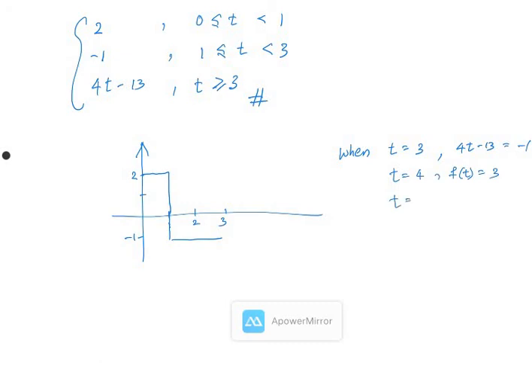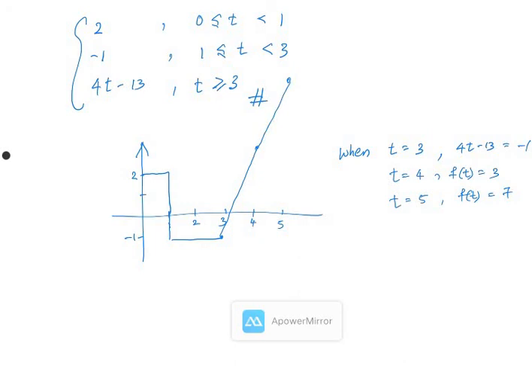When t equal to 5, then f(t) equal to 7. So we can put it here. So when t equal to 3, y equal to negative 1. And then when t equal to 4, y(t) equal to 3. When t equal to 5, y(t) equal to 7. So maybe somewhere here, so we can put like this.